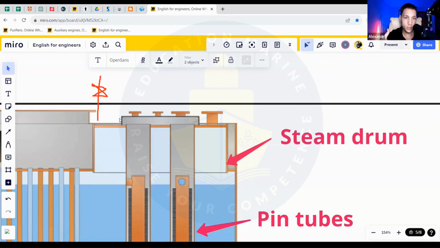When you start the boiler, this valve is open, not closed. And when you see that only steam is coming out from this valve, you can close it. That's important to remember, because when you have about 1 bar, you'll see some steam here. When you see steam, you close this valve.